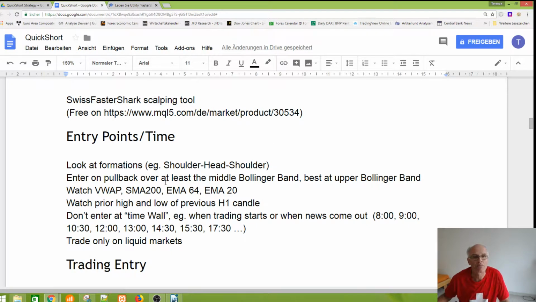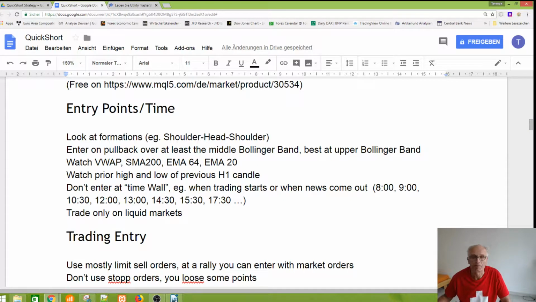You have to enter at the pullback when it goes up, at least at the middle of the Bollinger Band, best at the upper Bollinger Band. And you have to watch VWAP, the SMAs and the EMAs, and the prior high and low of the previous hourly candle.